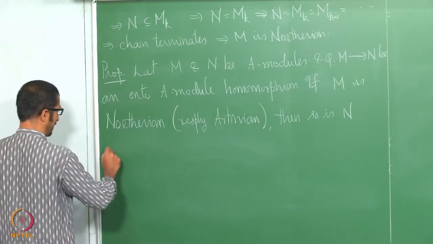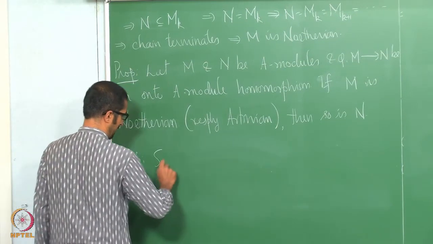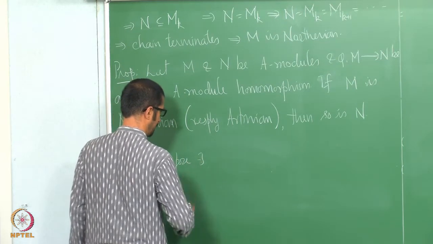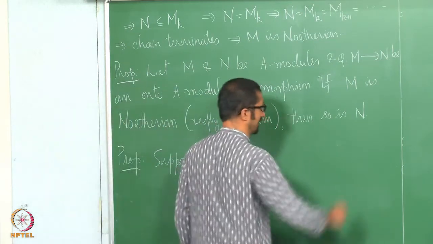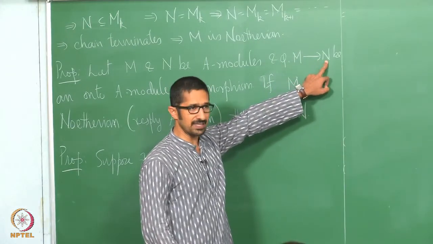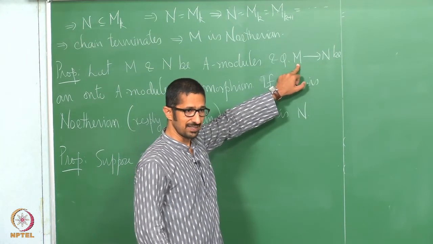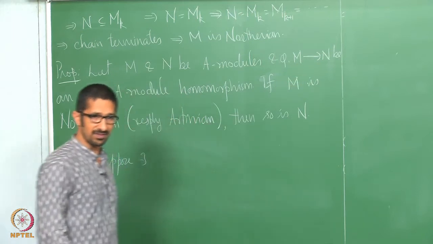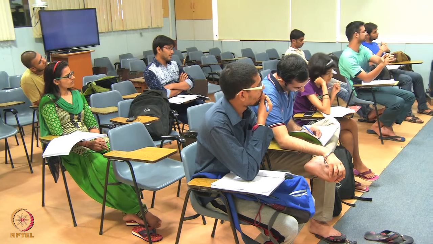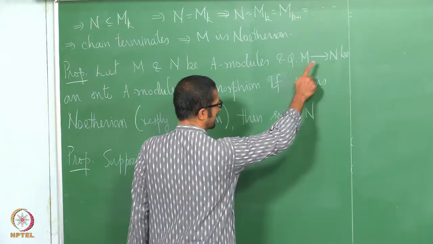Now, what happens if I have, suppose I have an exact sequence. By the way, is the converse true? If N is Noetherian, can we say M is Noetherian? We need a little more.